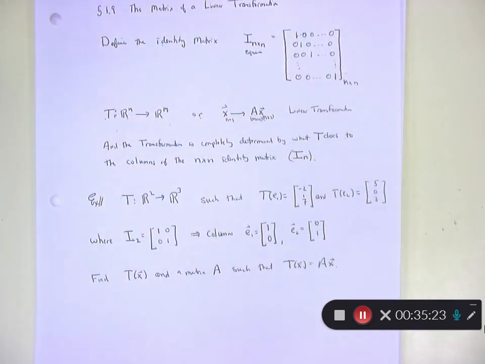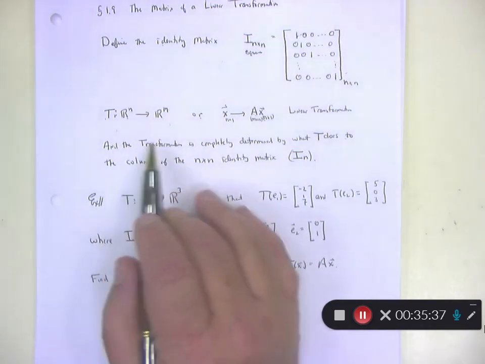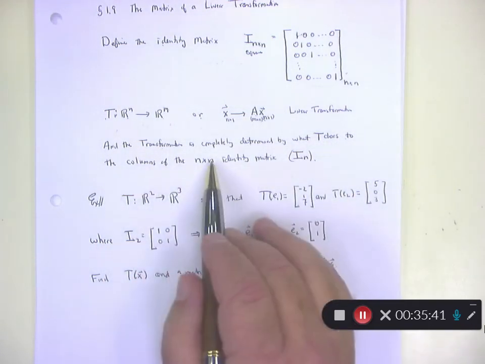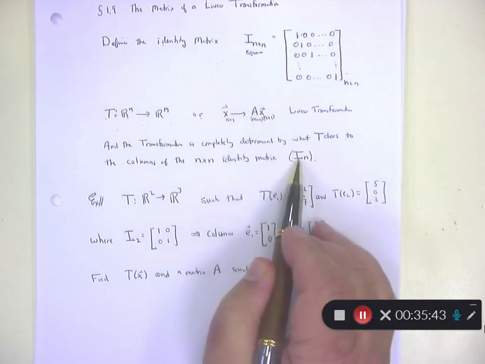Each component individually is going to be represented from x1 all the way down to xn. So here's that concept of looking at the matrix and then looking at the columns. A transformation is completely determined by what T does to the columns of the n by n identity matrix.